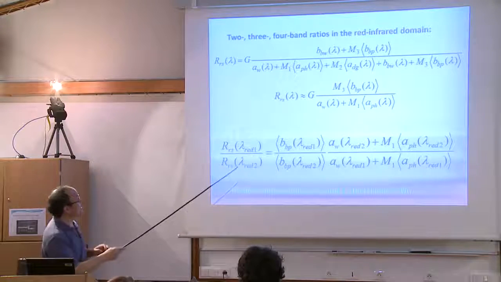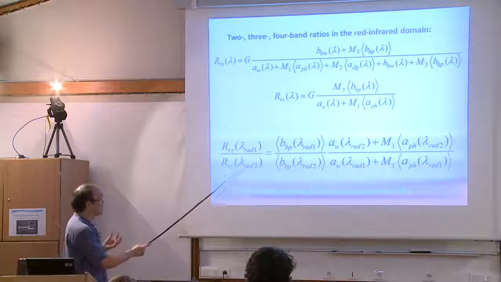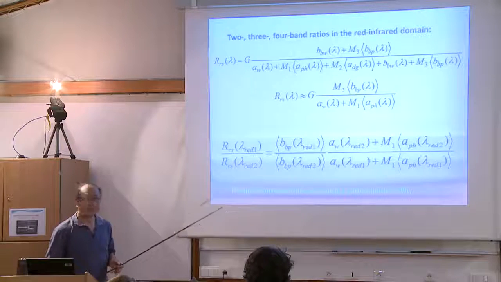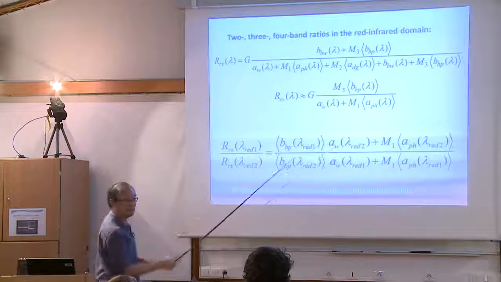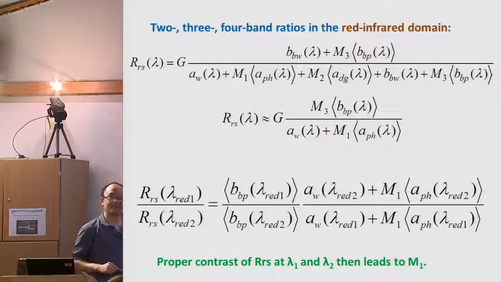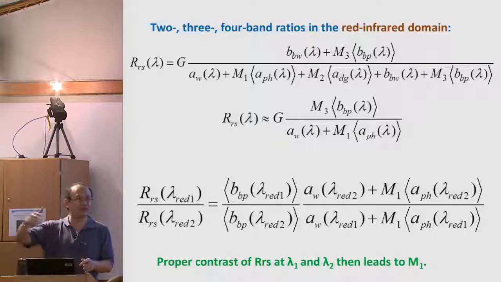Then you do a ratio of these two at some wavelengths. At one wavelength in the red and another wavelength in the red, this M3 will be cancelled out. So this ratio gives you just one unknown, one variable, just M1. Then you can find a pair of wavelengths, like 710 versus 675, or 710 versus 750.